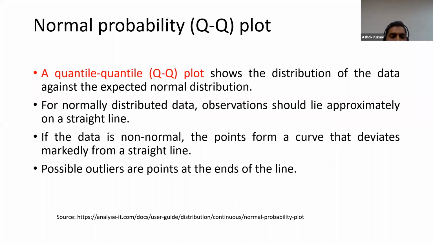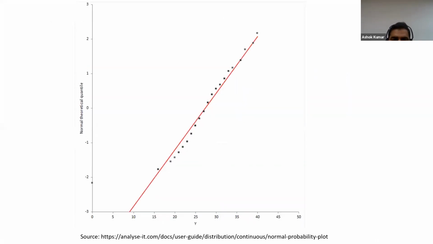I will show this graph on the next slide. If the data is non-normal, the points form a curve that deviates markedly from a straight line. Possible outliers are points at the ends of the line. You can see here in this QQ plot, the observations of our sample are close to this line, so it's a normal distribution.